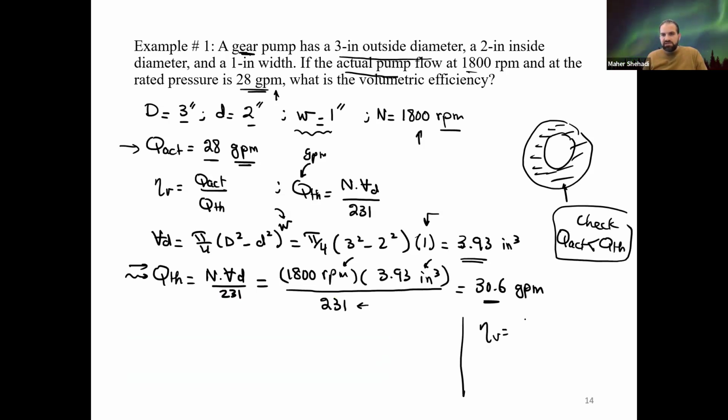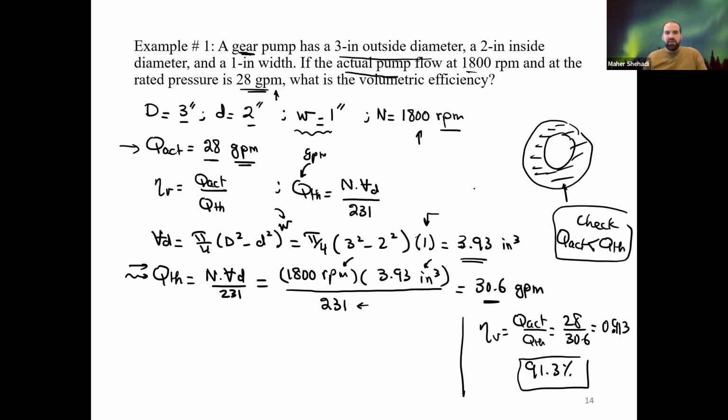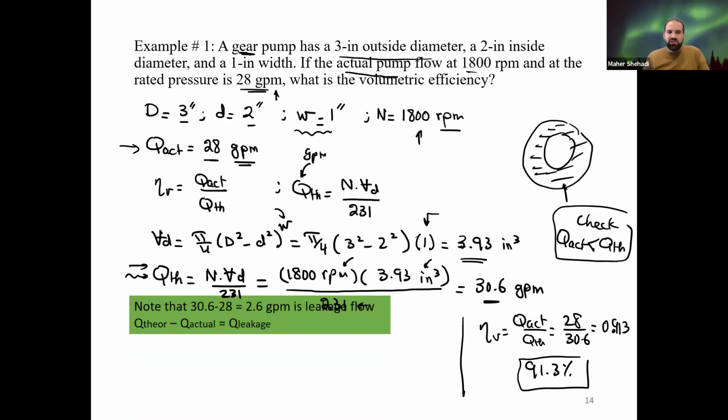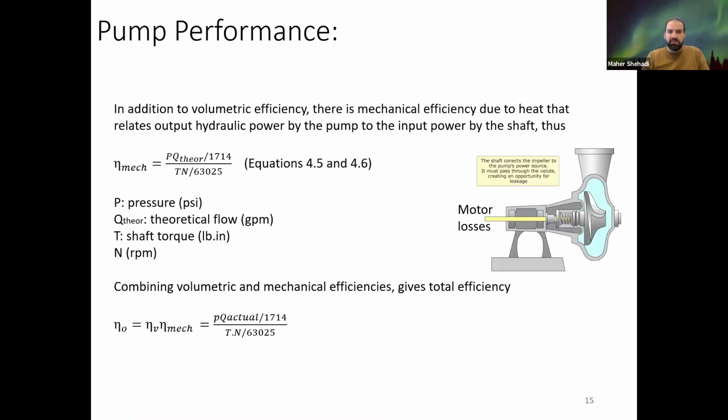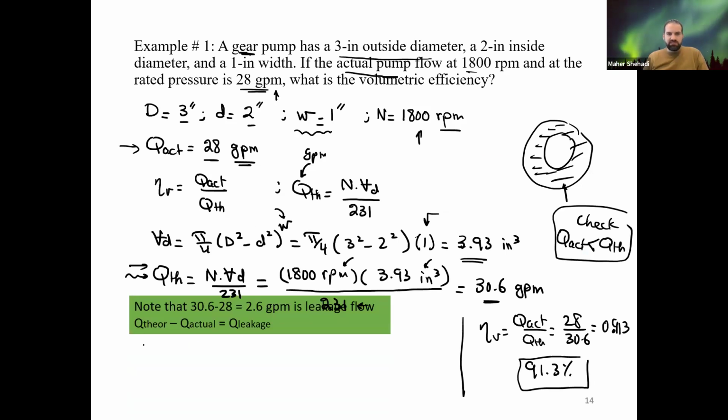The volumetric efficiency would be 28 over 30.6, and that would be 0.913. That's my volumetric efficiency, or 91.3%. As we said, the difference between the 28 and 30.6, that's what we call the leakage flow rate.